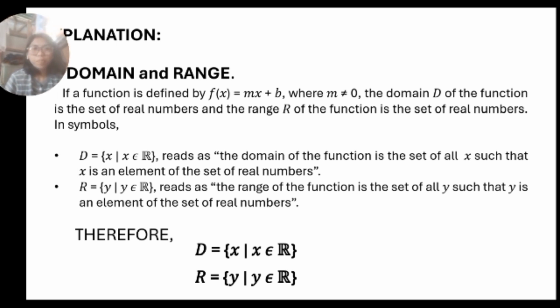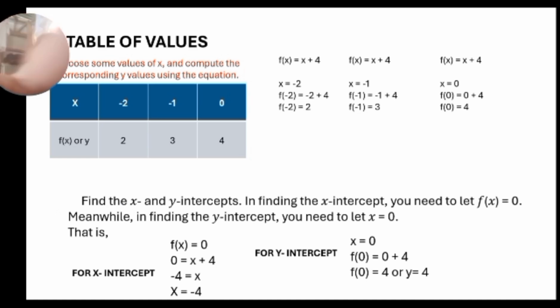Therefore, the domain of the function is the set of all x such that x is an element of the real numbers, while the range is the set of all y such that y is an element of the set of real numbers. Kuha na nato si A. So let's go for letter B, the table of values.